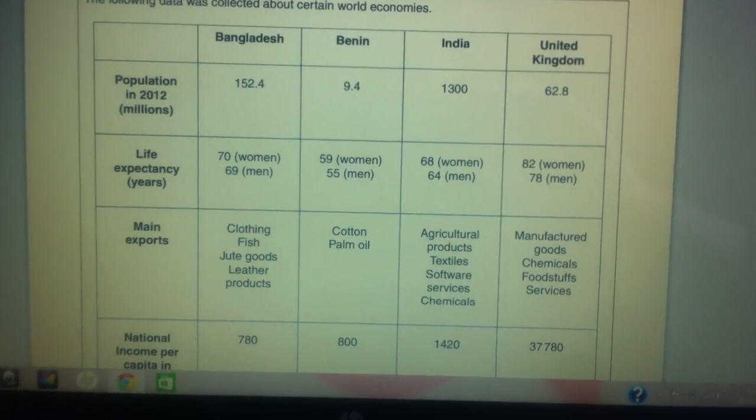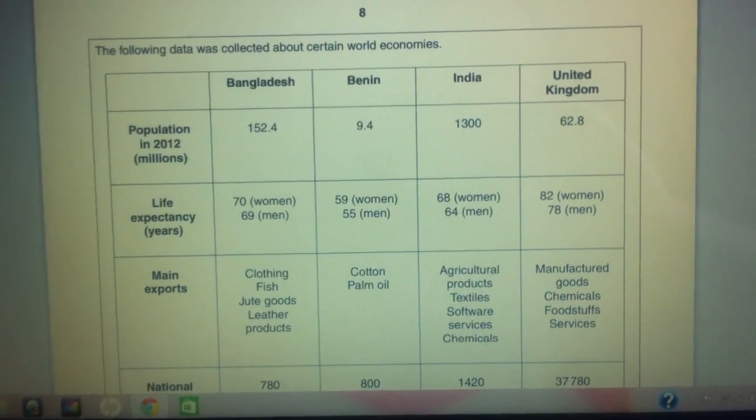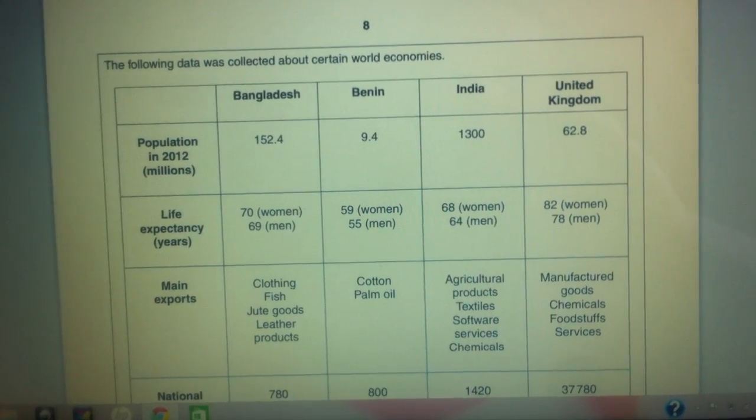So in terms of standards of living, we would say that in Benin the standard of living is actually a lot worse.